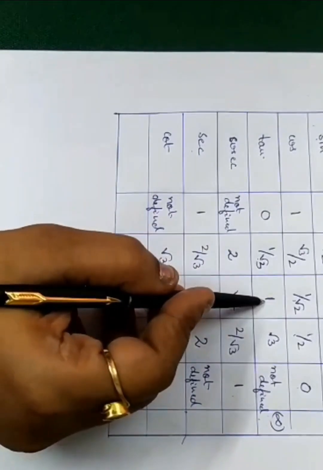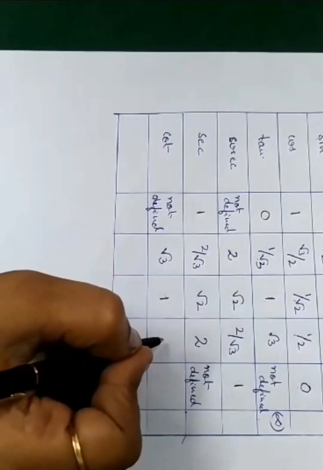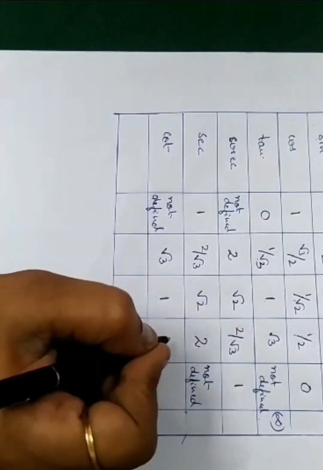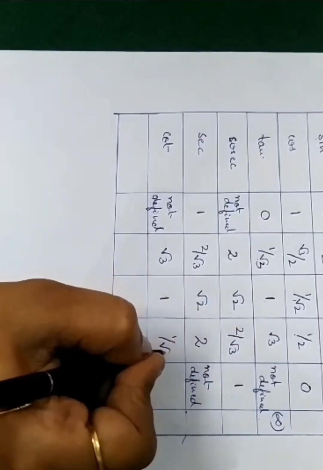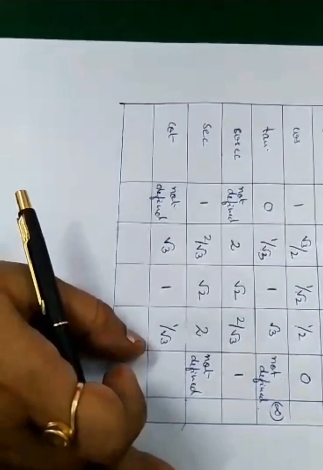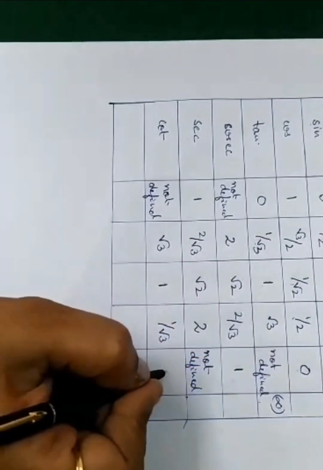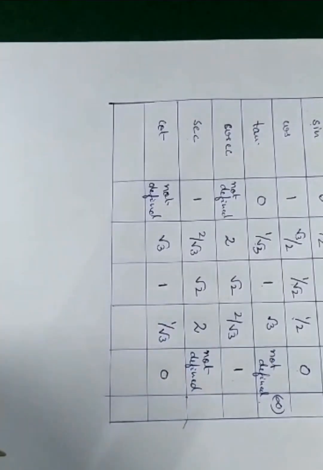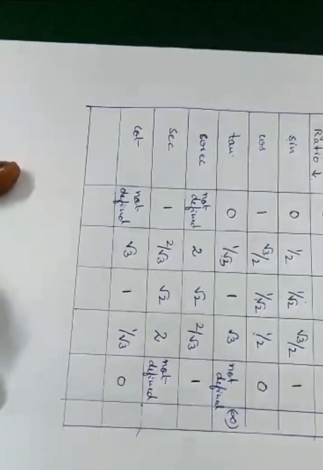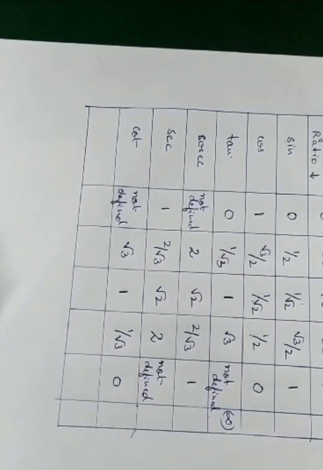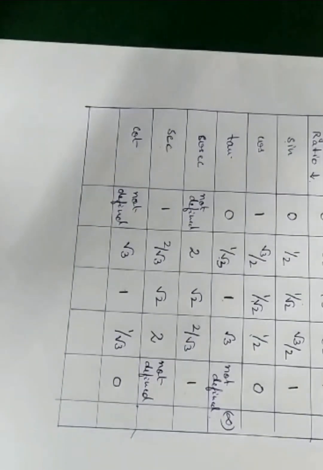Cot 45 is 1 by 1, that is 1. Cot 60 will be 1 by root 3. And cot 90 is 1 by infinity, which we say is 0. So this is how we can easily remember the table of the standard angles of the trigonometrical ratios.